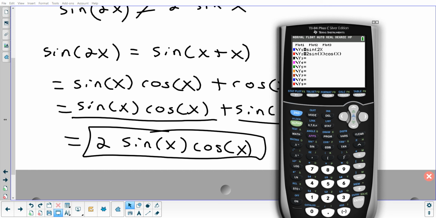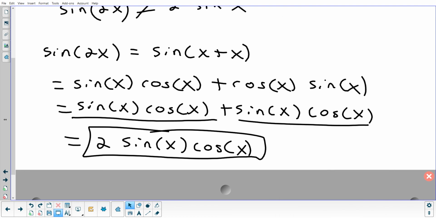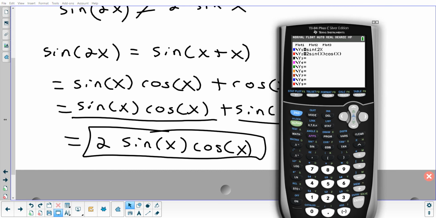When I graph, what am I expecting to happen? Yeah, Eli? They don't overlap, or they do? Well, what does all this stuff say? They do. It says sine 2x equals 2 sine cosine. So they should be exactly the same graph.